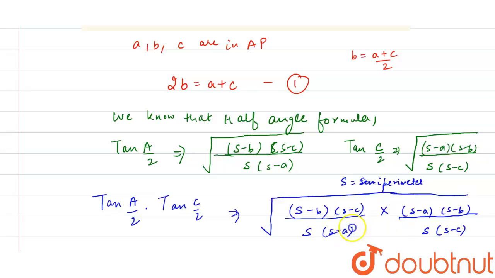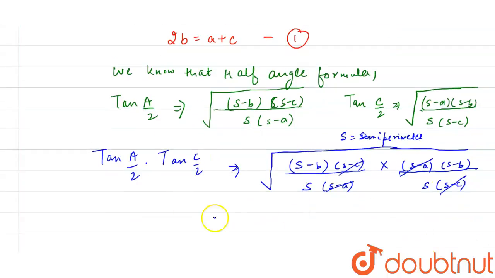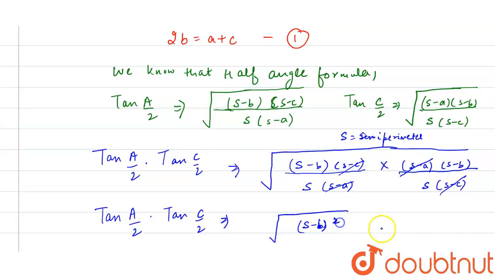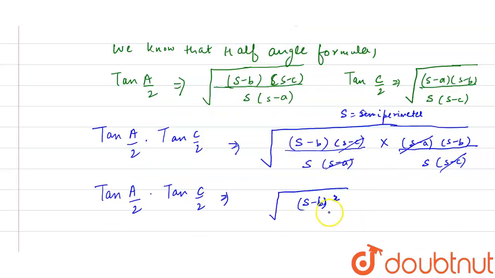So this s minus a and this s minus a cancel out, and this s minus c and s minus c cancel out. We get that tan of A by 2 multiplied by tan of C by 2 is equal to the square root of (s minus b) whole square divided by s square.